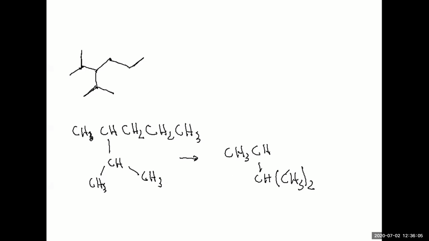We can abbreviate the methyl groups as parentheses with 2. Then there's 2 of these identical CH2 units, so we can put (CH2)2, and then CH3. Okay, so this would be the final condensed structural formula for this line angle drawing here.